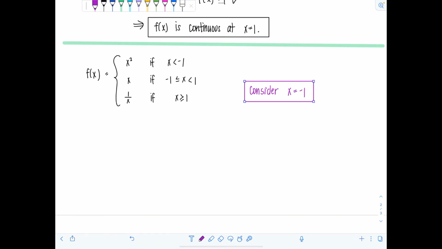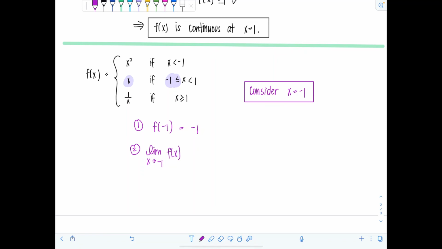All right, great. So condition 1, what is f of -1 equal to? Well, when deciding where to substitute it in, I have to look at which inequality is inclusive, right? So it's this one. So f of -1 is just equal to x, so -1. Second condition, we have to figure out what is the limit as x approaches -1 of f of x.